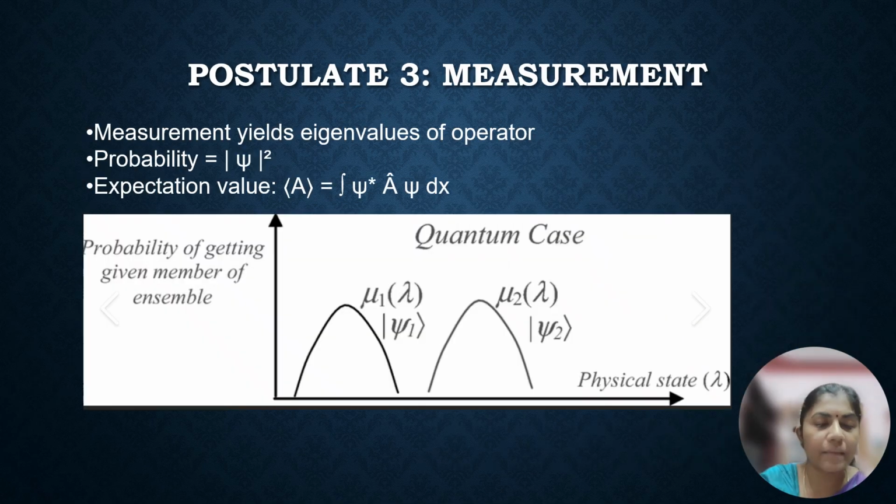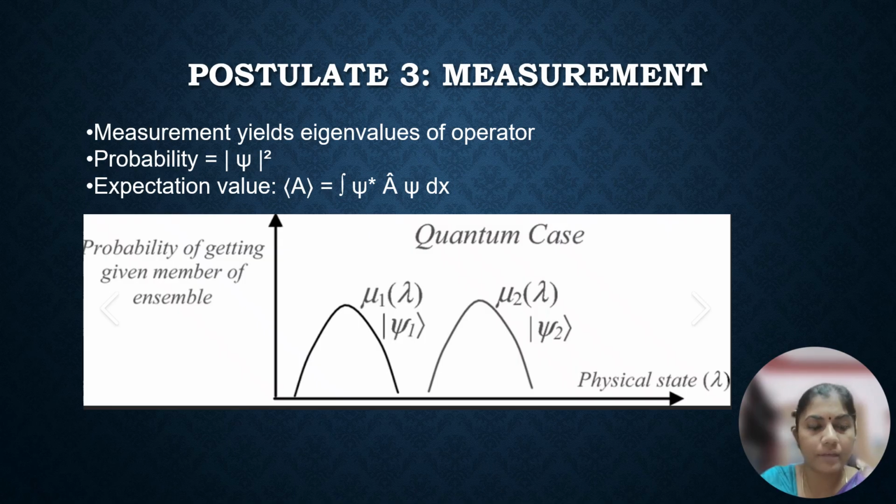Let's see postulate 3. The third postulate is about measurement. It says the only possible result of measuring an observable is one of the operator's eigenvalues. The probability of obtaining a particular eigenvalue depends on the wave function's expansion coefficients.